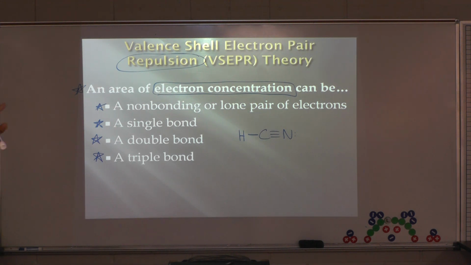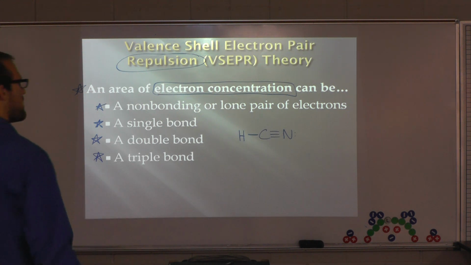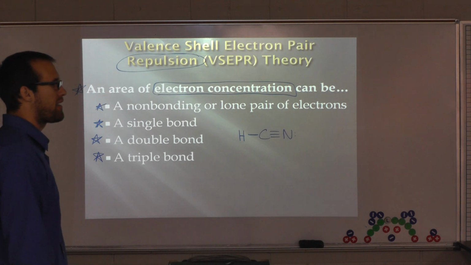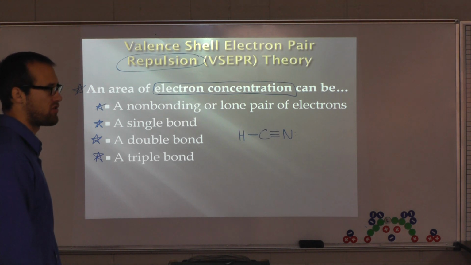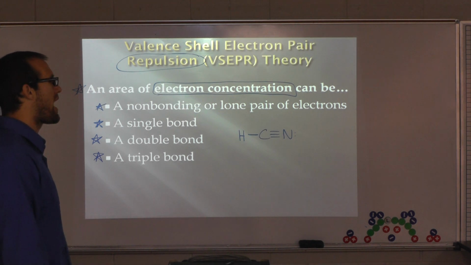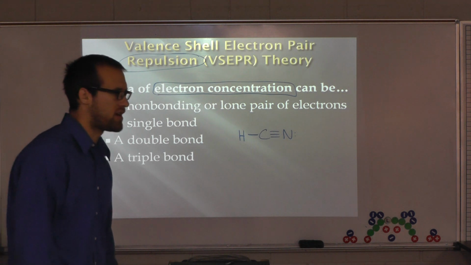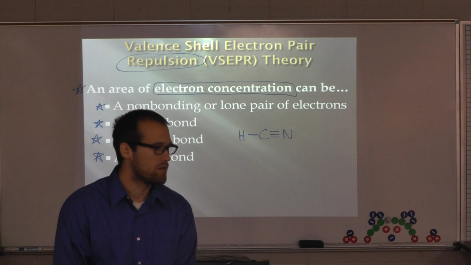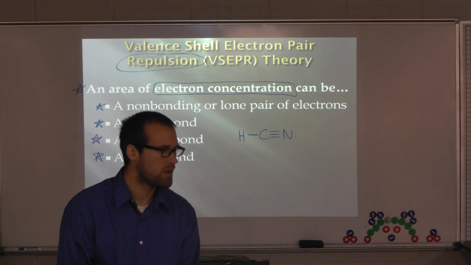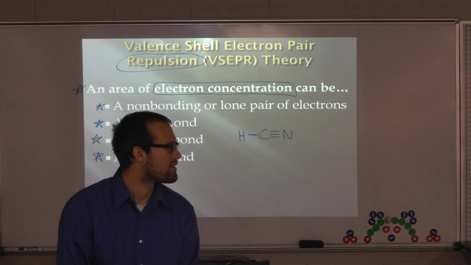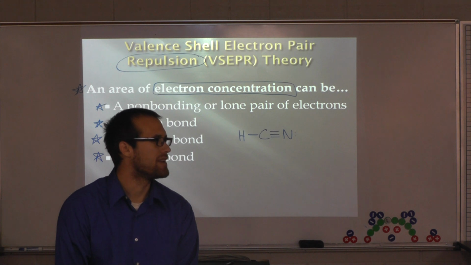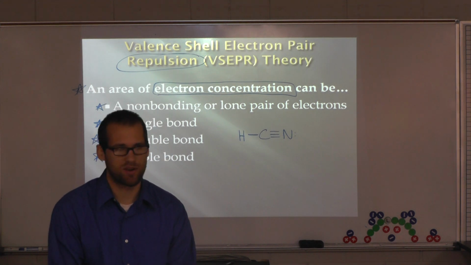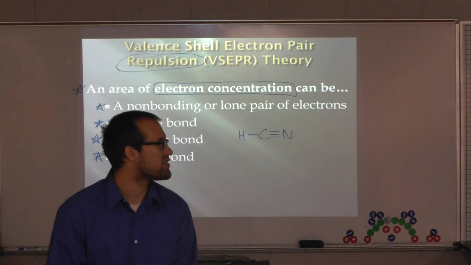Now, let me make one thing that's really important. We're only going to look at the regions around the central atom. Why do you think it only matters the regions around the central atom? That's where the nucleus is. And that's the bonding. No, don't overthink this. It's where everything's going to pivot.